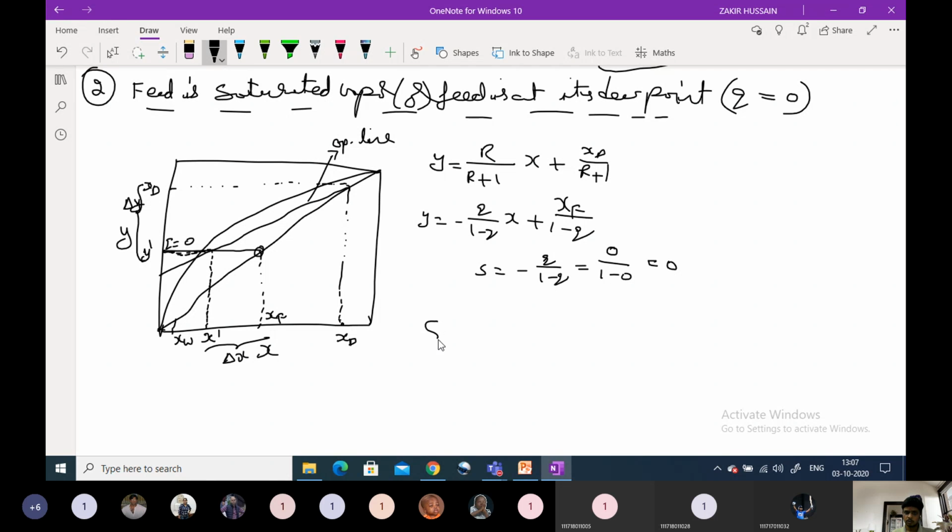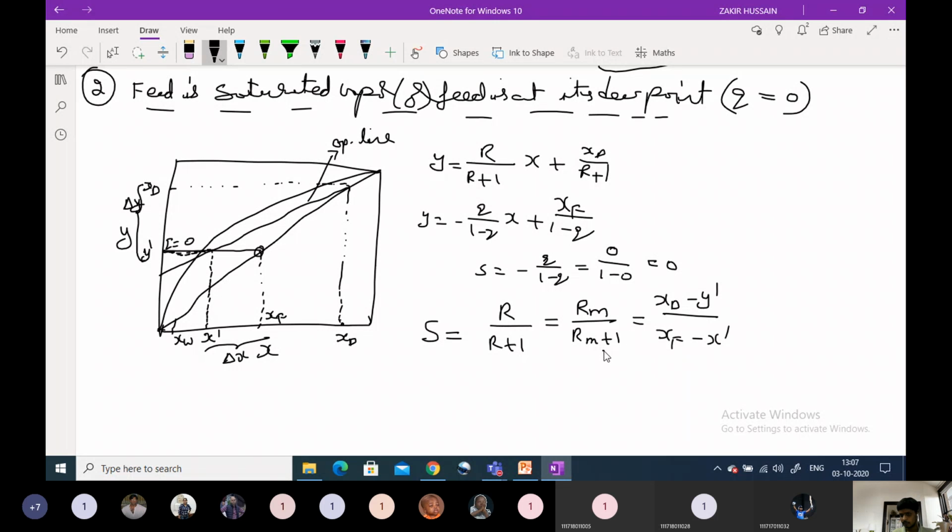The slope of the operating line of the rectifying section is equal to R by R plus 1. Since we are calculating the minimum reflux ratio, Rm by Rm plus 1 is equal to the slope, which is delta y by delta x. Delta y is xd minus y dash, divided by delta x, which is xf minus x dash.